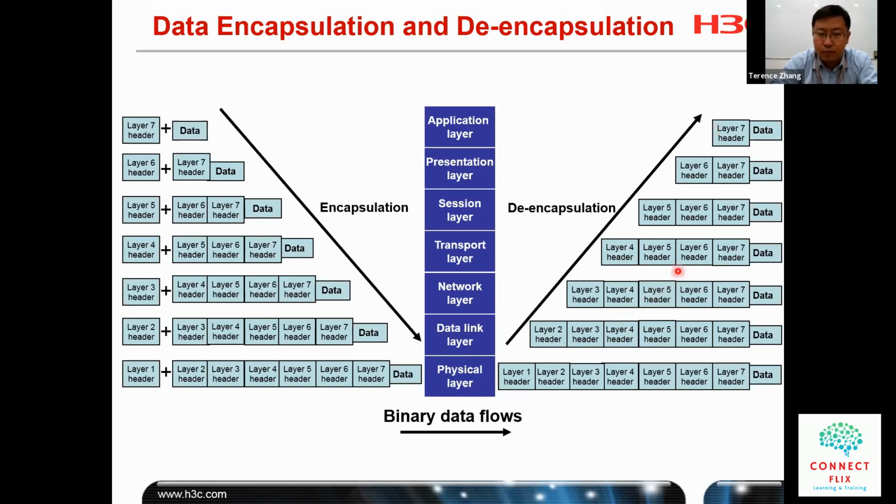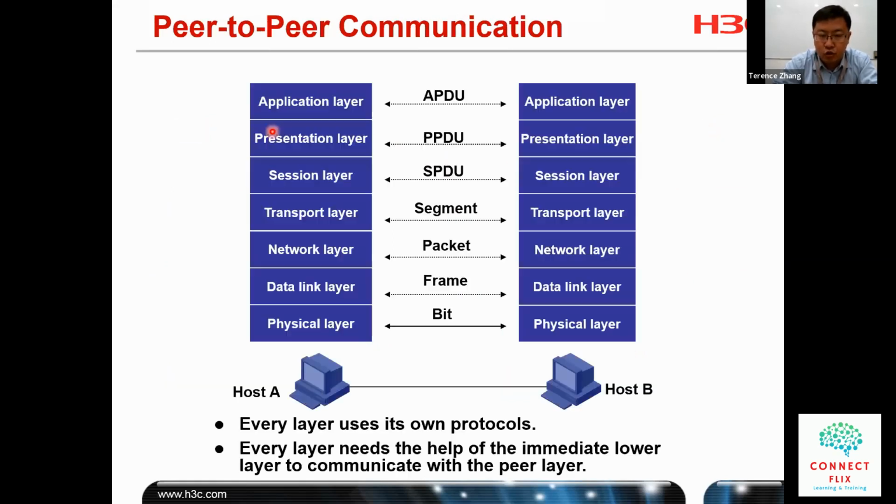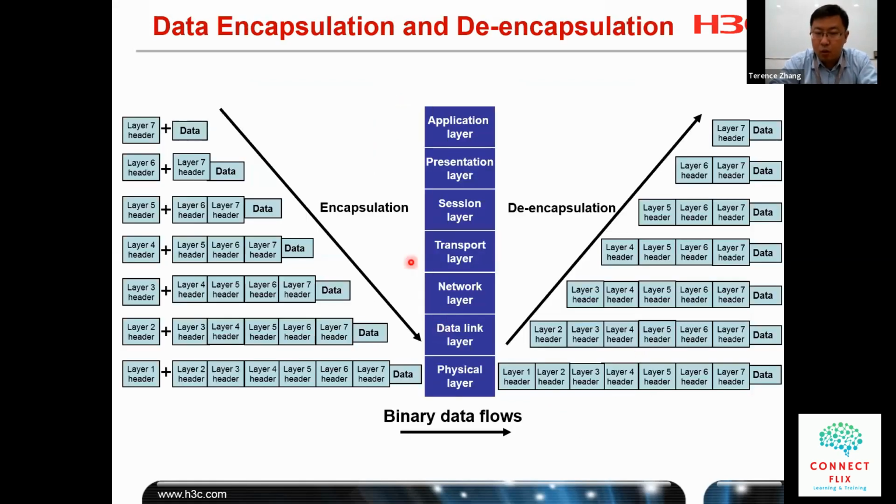One by one. Combining these two pictures, peer-to-peer communication, logical communication, and physical communication, with this map, we have a basic and clear understanding of peer-to-peer communication and of what a sender computer and a receiver computer do when they are communicating with each other.